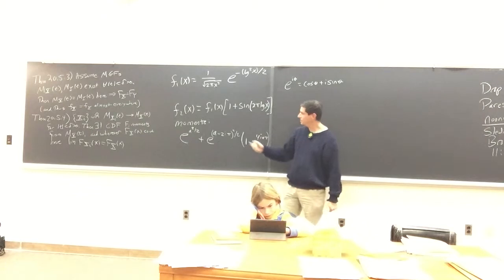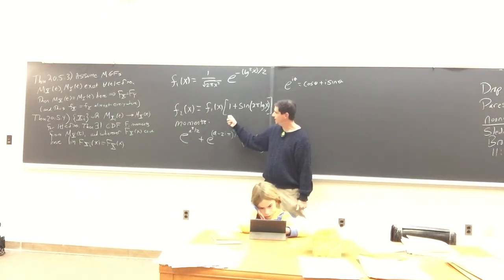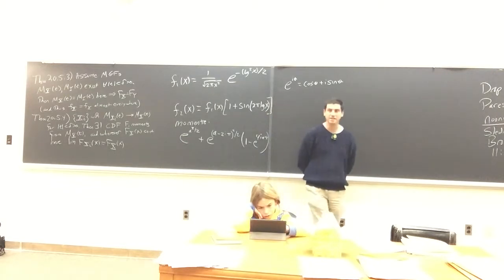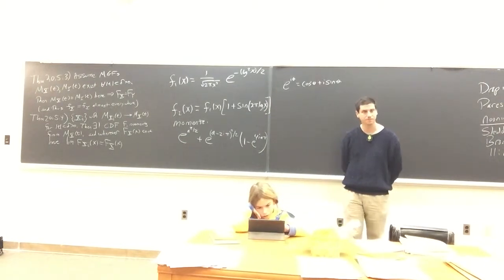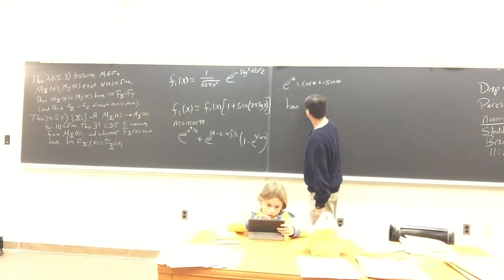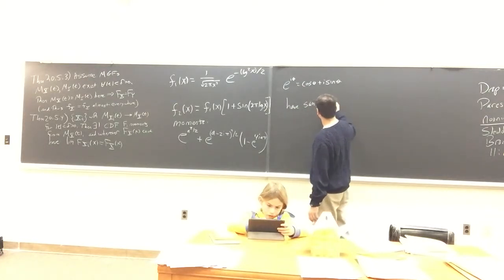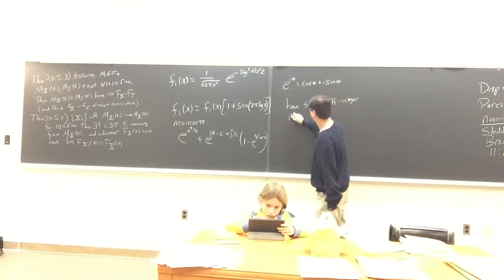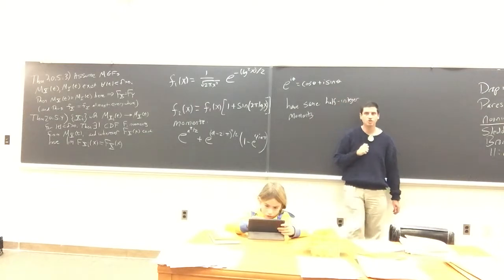So it turns out that the moments of the first one and the second one agree whenever a is an integer or a half integer. So these two distributions have the same half integer moments. Which is extremely annoying because they're different distributions.